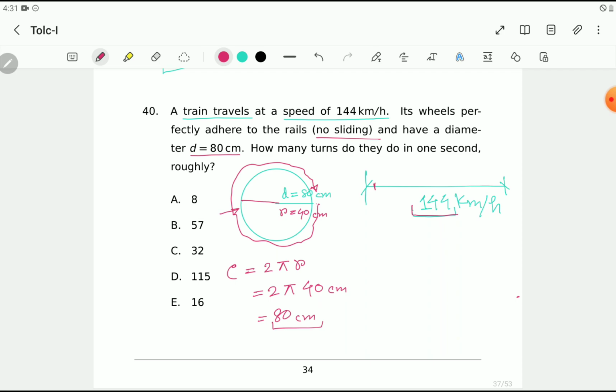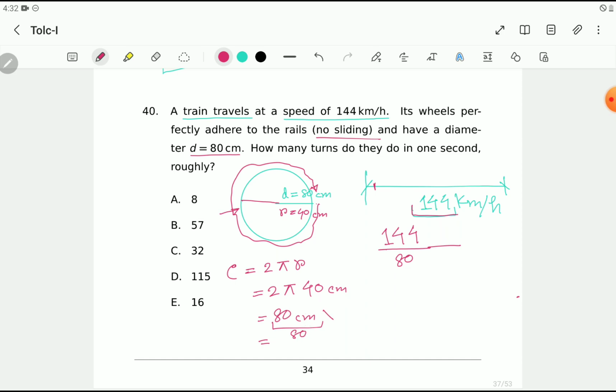So what we can do, to find how many turns the wheels do in 1 hour, is divide the distance 144 by 80. But remember, here it's given in kilometer, so we have to convert it to centimeter. Or simply we can convert this circumference into kilometer.